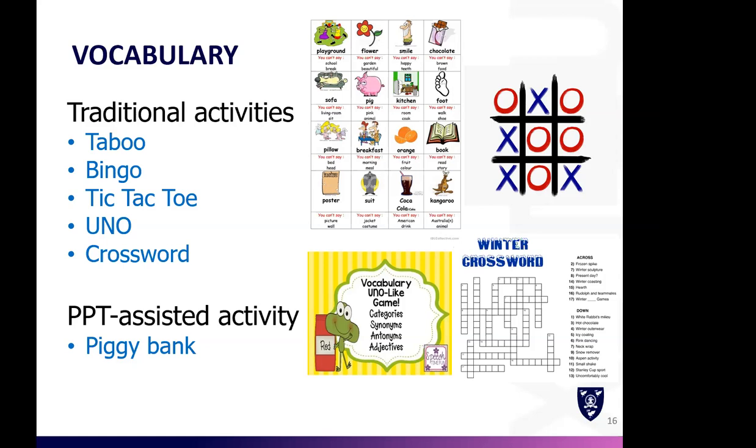The aim of this game is for the students to select a square and name 3 words that begin with a letter. For example, if they pick the middle square and it has the letter, let's say C, then they would have to say 3 words that begin with the letter C based on the theme. So if the theme is based around food, probably they could shout out corn, chips, Coke.